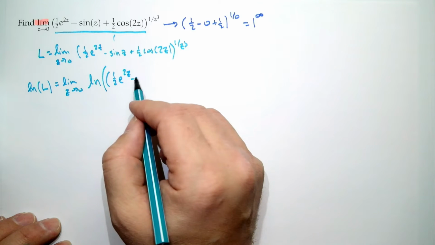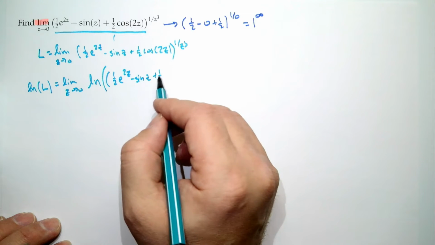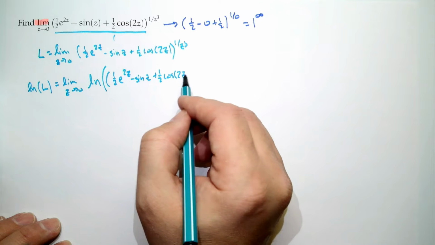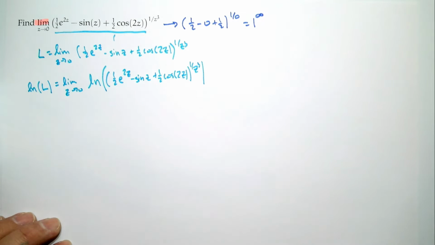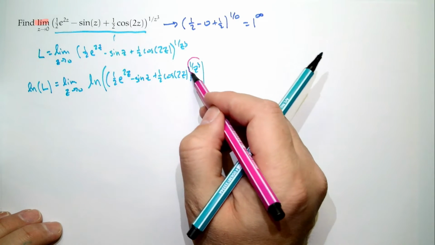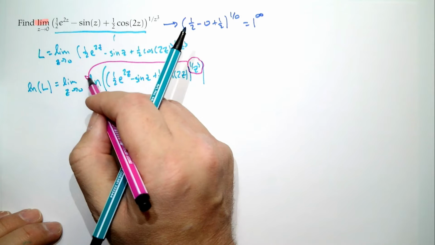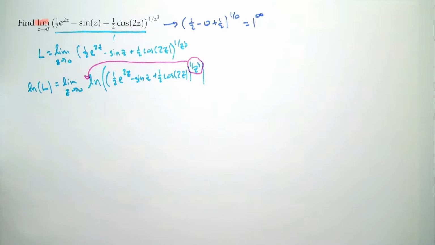And now we say, okay, we knew we did log for a reason because that exponent 1 over z cubed is going to come down. And in fact, it's going to come down really quick because it's 1 over z cubed. That would end up being a z cubed downstairs.